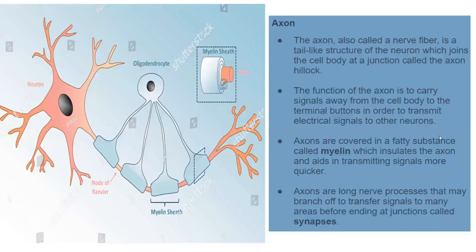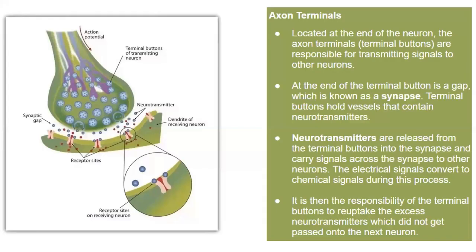Moving on, axon terminals. So these are located at the end of the neuron. The axon terminals or terminal buttons are responsible for transmitting signals to other neurons. At the end of a terminal button is a gap, which is known as synapse. Terminal buttons hold vesicles that contain neurotransmitters.